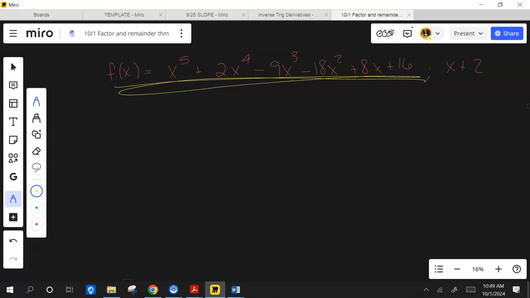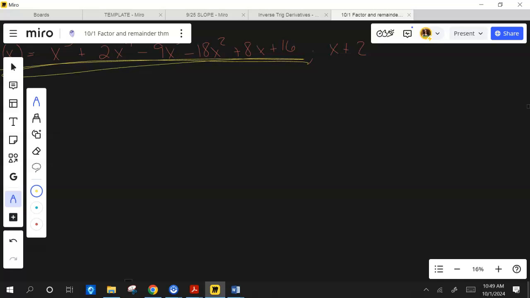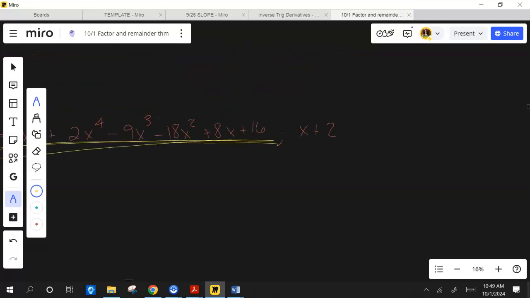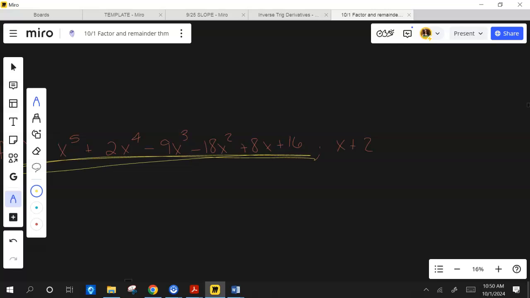So I have to have kind of a springboard to find the other factors. So here's what I'm going to do. I'm going to give you some little steps here. How to factor given a factor.